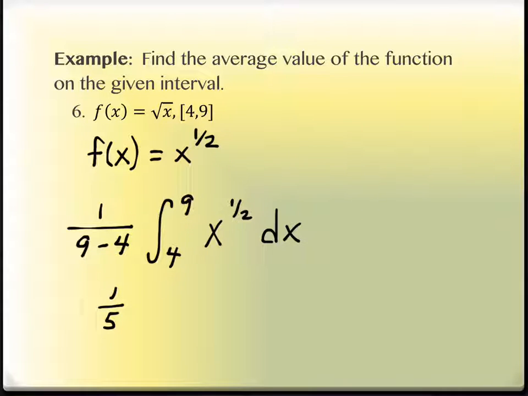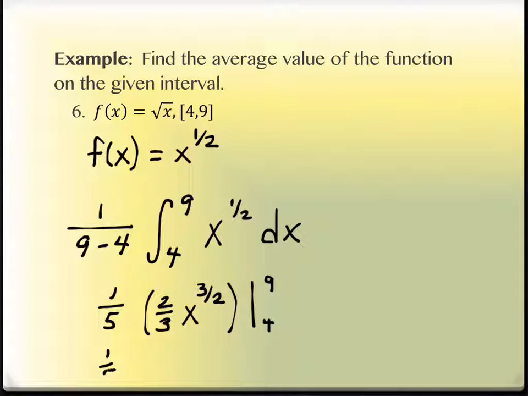1/5, right? What is the antiderivative of x to the 1/2? Right, so we've got x to the 3/2, and then dividing by 3/2 is the same as multiplying by 2/3. And we're going to evaluate this from 4 up to 9.